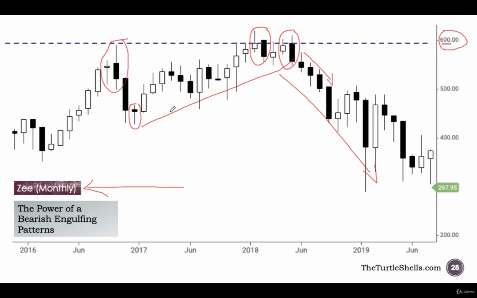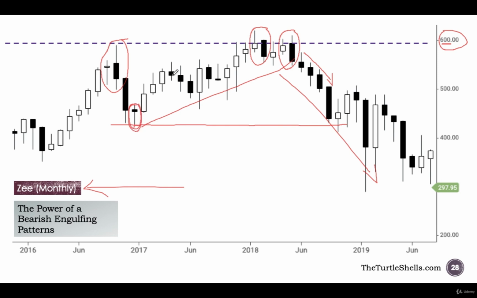It took months for the price to break the support created by the hammer. So not only are we looking at bearish engulfing patterns, we also look at some other patterns on the same chart. It's not a perfect hammer because of that little upper shadow. If the body had been slightly higher, I would have been more comfortable. But nonetheless, this hammer proved to be a very strong support area.